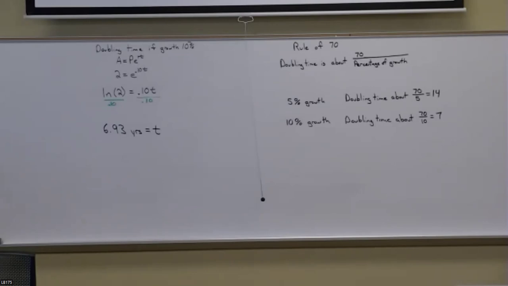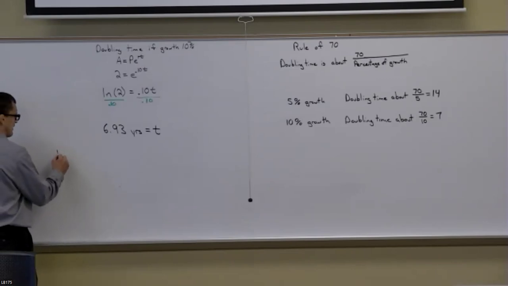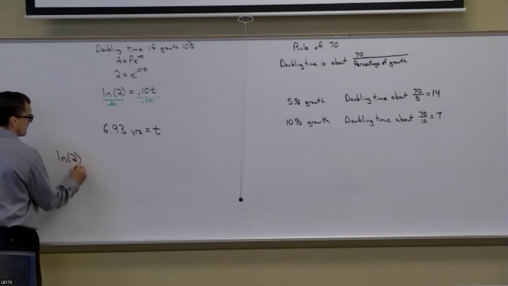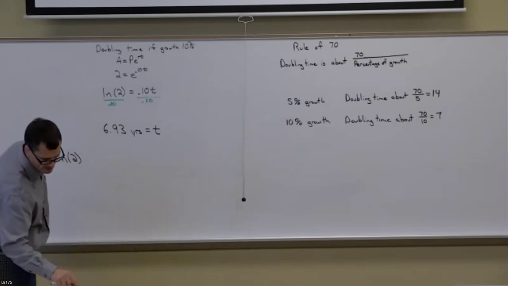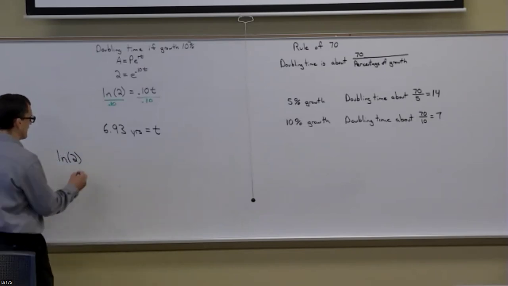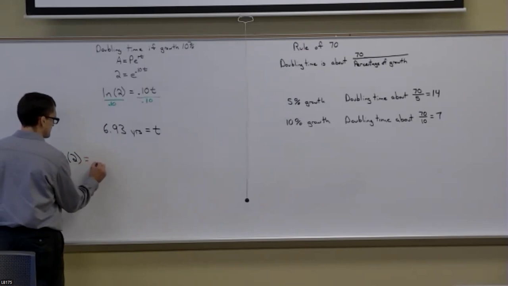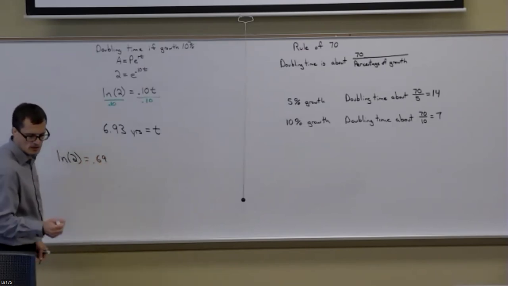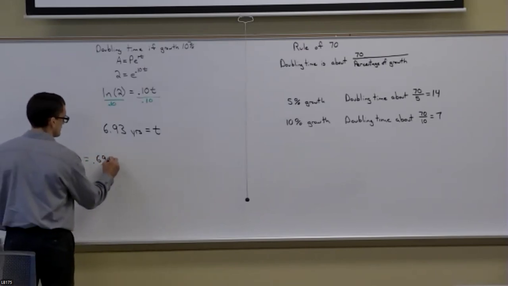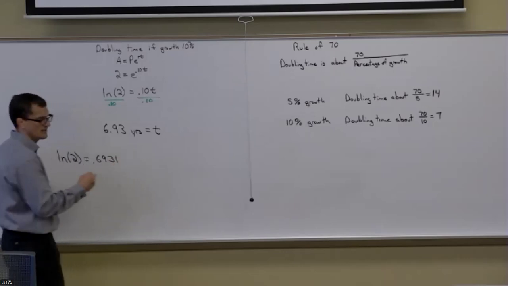So why does the rule of 70 work? Well, the rule of 70 works because of the value of natural log of 2. If you look at the value of natural log of 2, just type that in on your calculator, it's about 0.6931, et cetera, right?